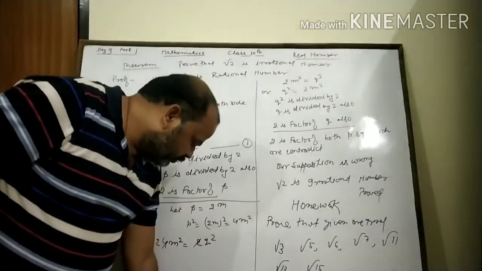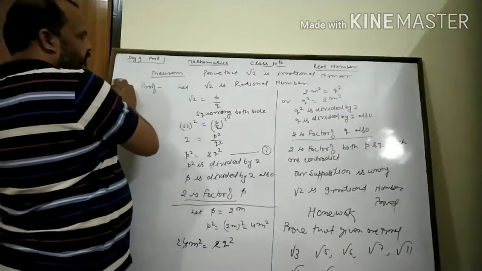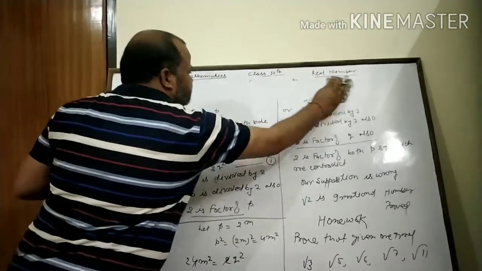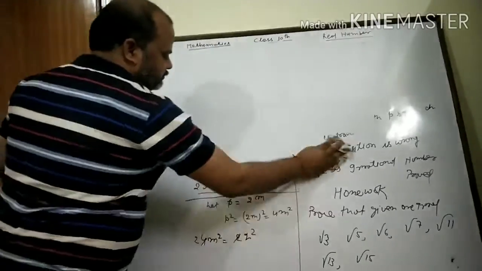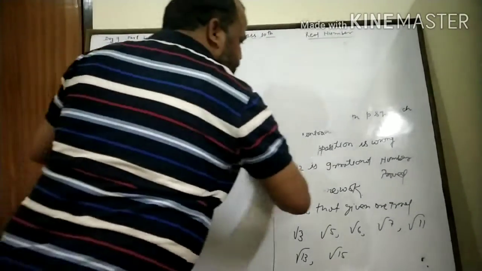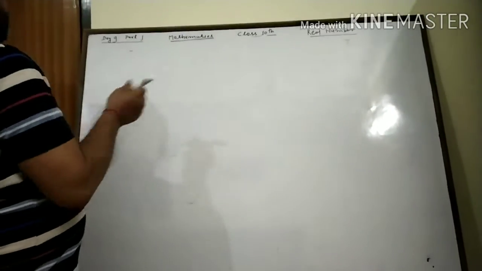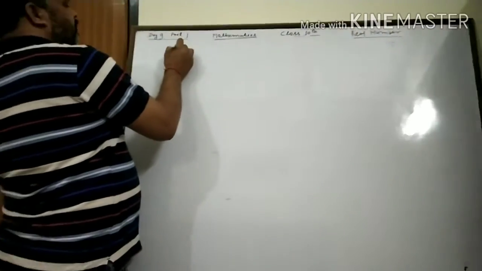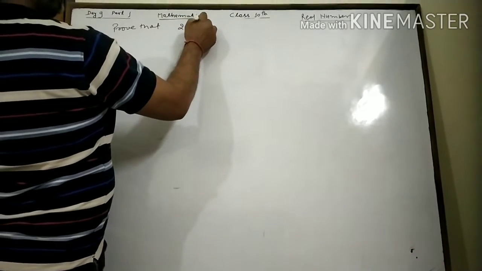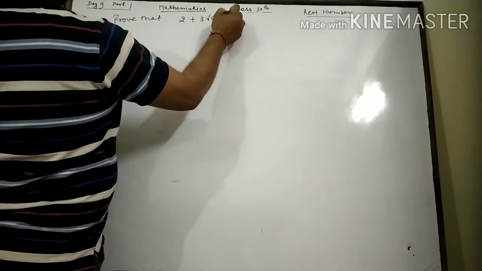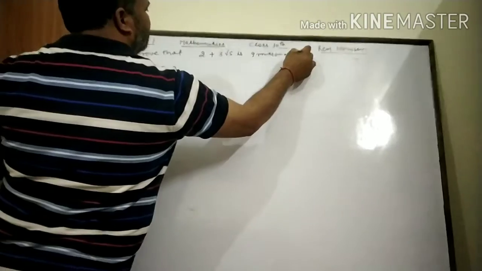Then after, one more type of question related with the operation. Now we discuss, suppose: prove that 2 plus 3 root 5 is an irrational number.